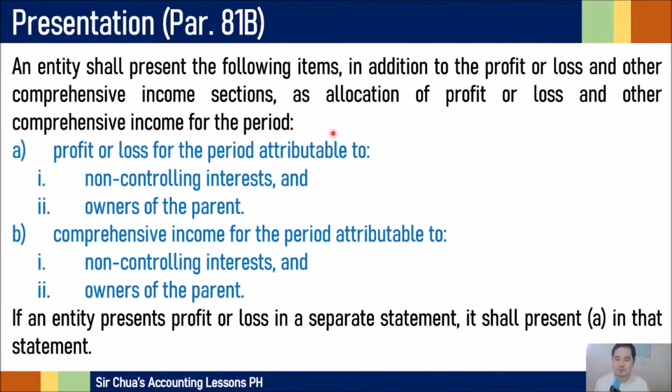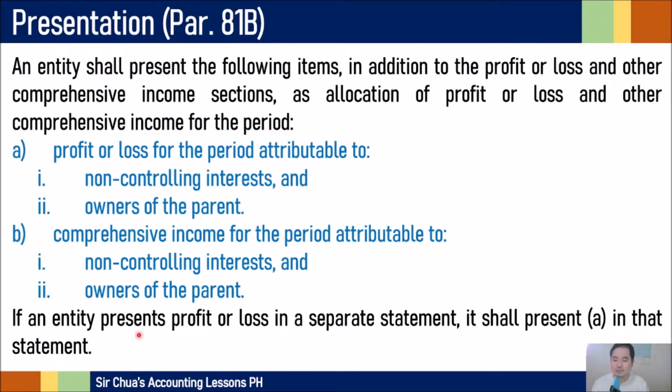And then syempre po yung other comprehensive income po natin, dapat daw po siya ay allocated based on attributable to NCI at saka po owners of the parent, and ganun din po dapat syempre sa comprehensive income, NCI and equity owners of the parent. This is in accordance po if your company has a parent-subsidiary relationship and you prepare consolidated financial statements under IFRS 10, which is yun nga po, consolidated financial statements.